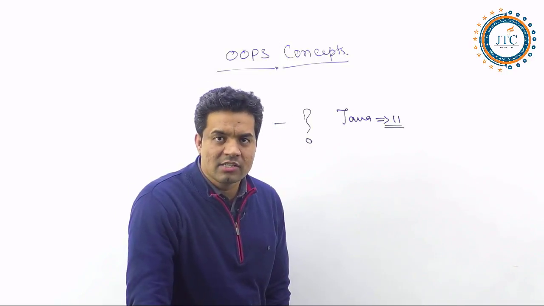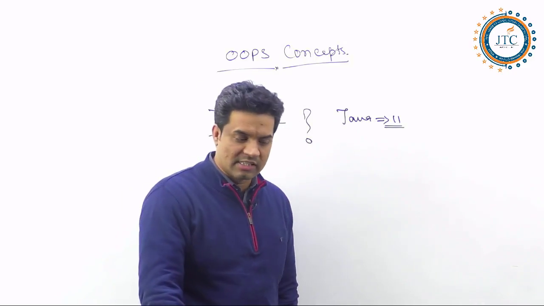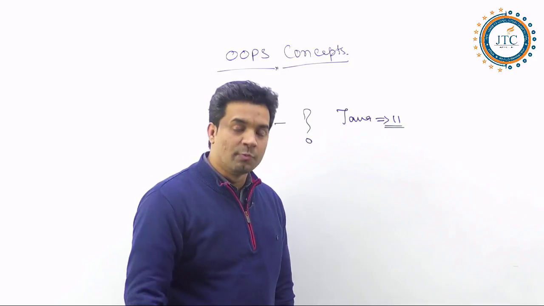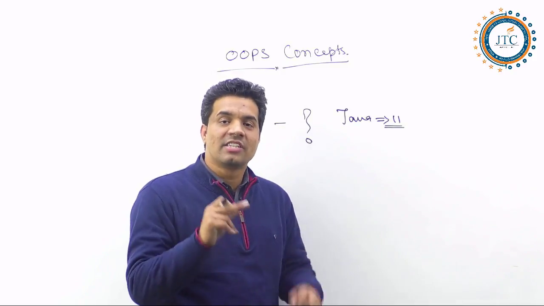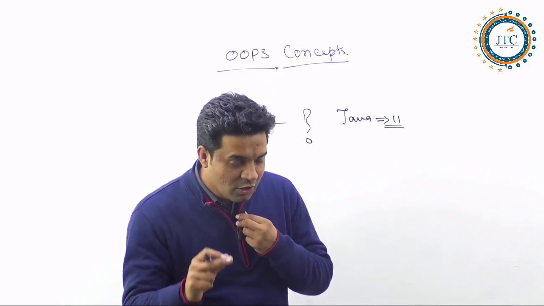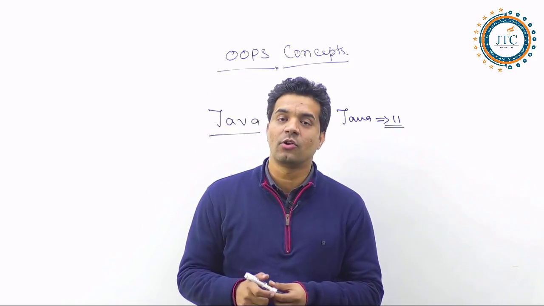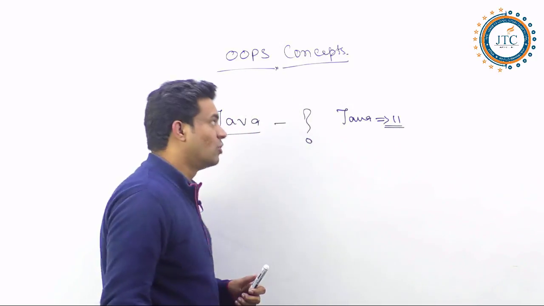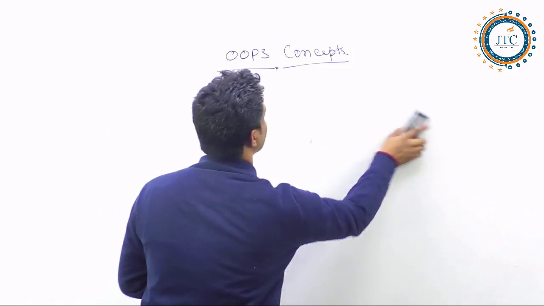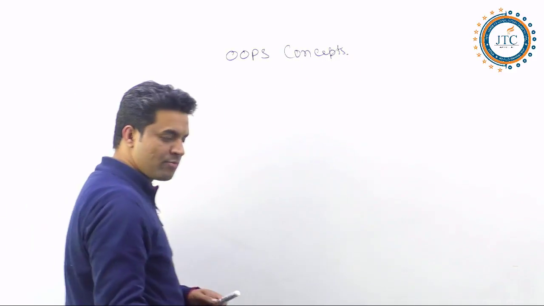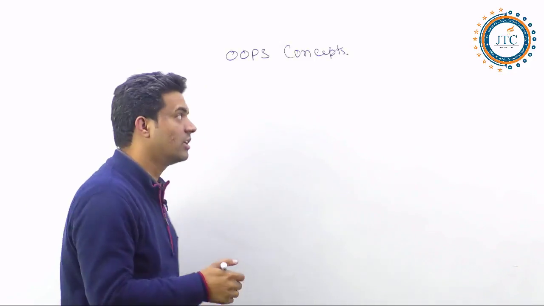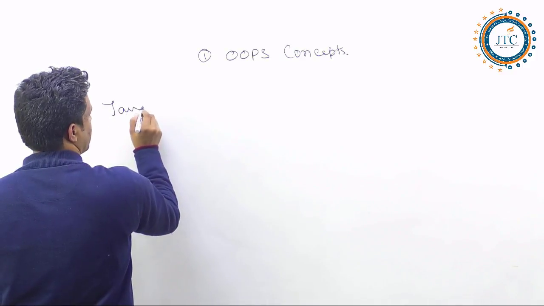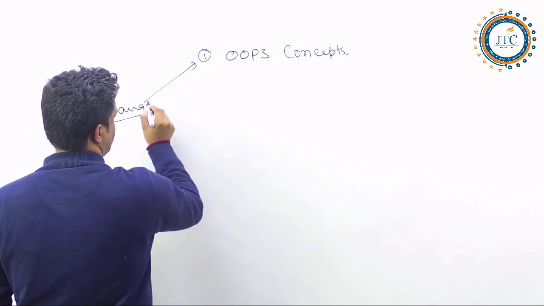Yes, we are going to discuss the OOPS concept, but Java is nowadays not only following the OOPS concept, there are other things it follows too. First of all, without any doubt, Java follows the OOPS concept.